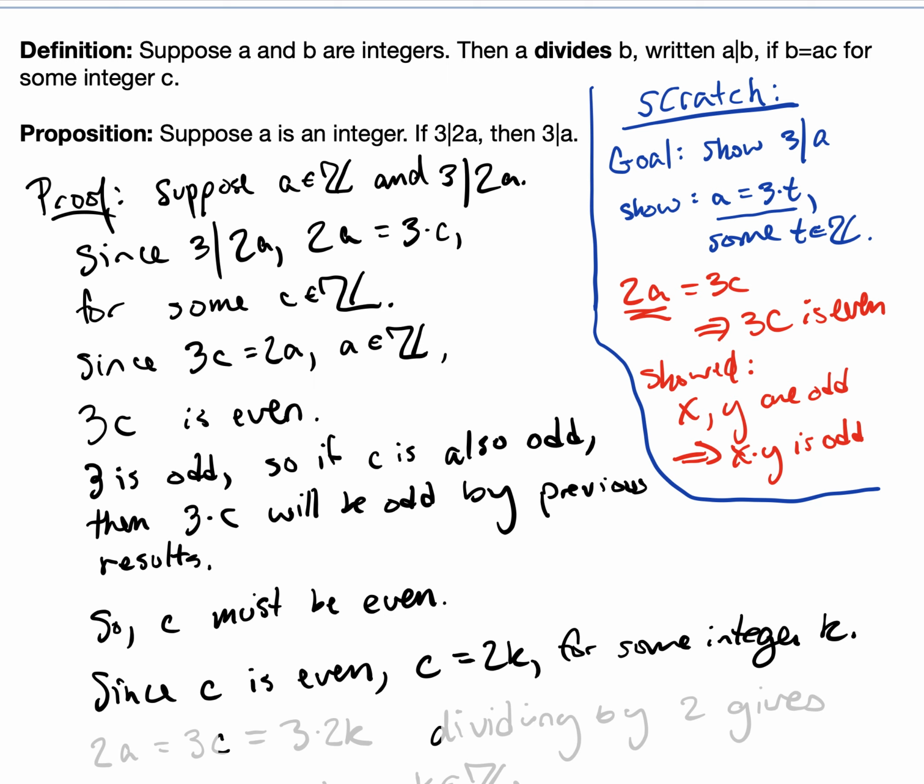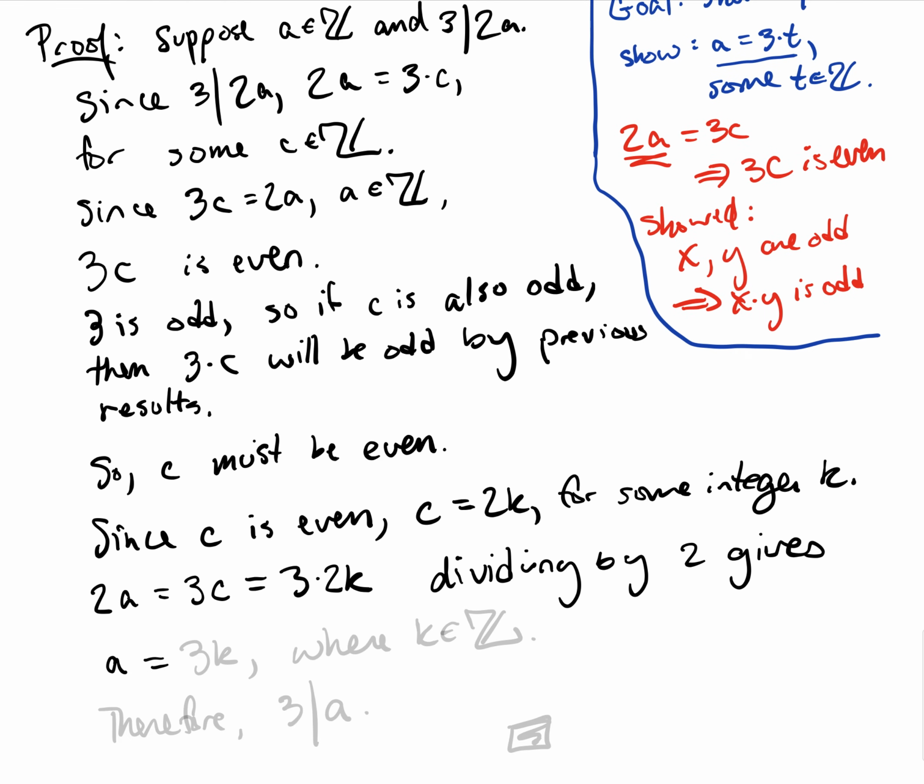We now know that 2a is equal to 3c, and 3c is really equal to 3 times 2k. And so dividing by 2 gives the expression a is now equal to 3k, where k is an element of the integers.